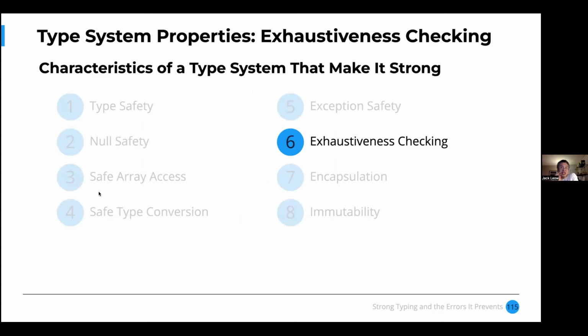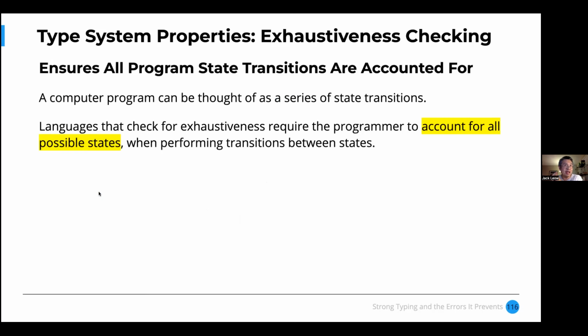So exhaustiveness checking is an interesting topic that I want to go into type theory a little bit. And I guess the idea is you can think of a computer program as a series of state transitions.